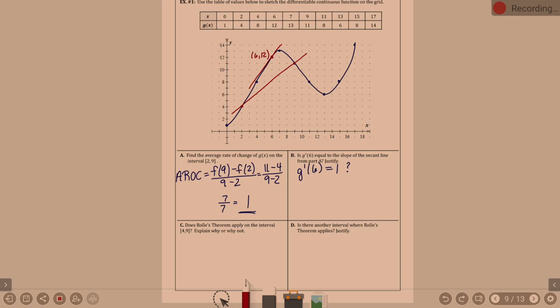Okay, so I'm going to say no. Slope of the secant does not equal slope of the tangent. Okay. We could also say they are not parallel. And the better calculus explanation is the fact that the slope of the secant and the slope of the tangent are not the same. But that gives you some ideas.